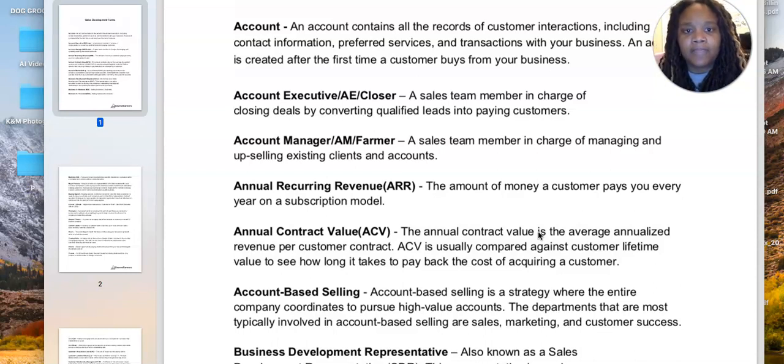So for example, when I went door to door, I would get a commission every time I would sign up somebody for the service. That commission size was simply based off of how much they projected that the customer would spend over time, because the service that I was selling was a monthly subscription.